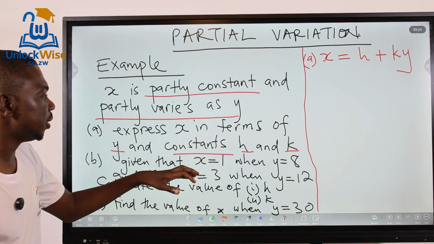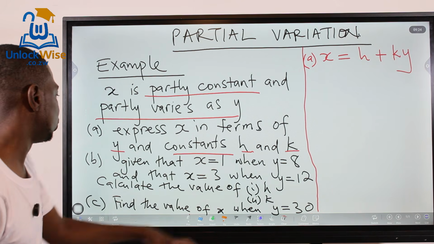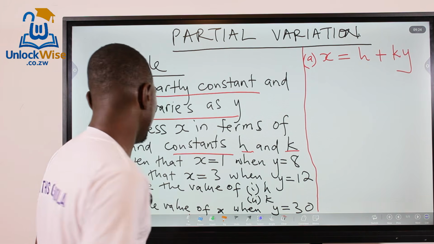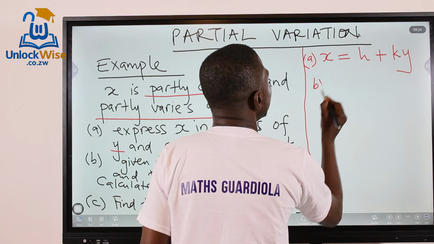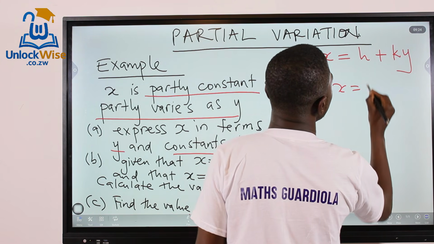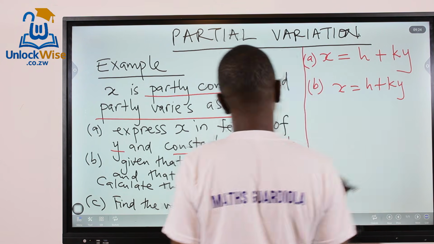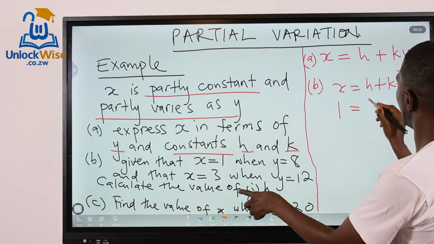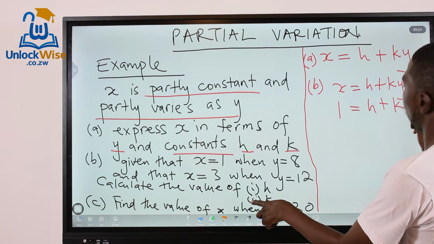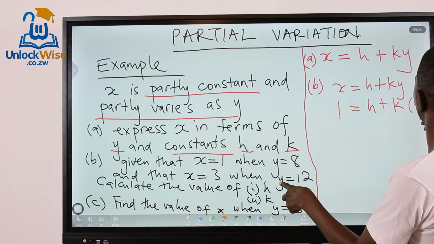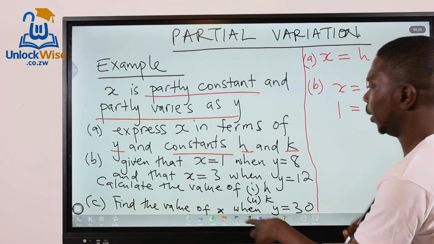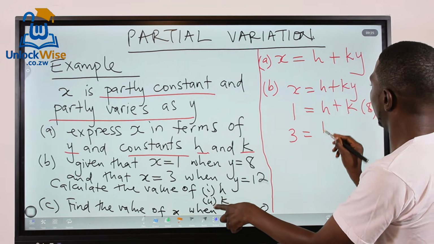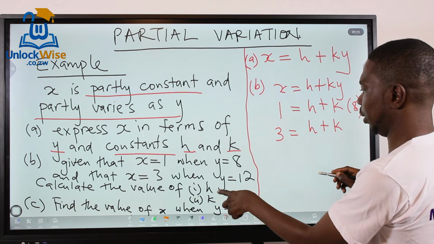Given that x is equal to 1 when y is equal to 8, and x is equal to 3 when y is equal to 12, we want to do this. x equals h plus ky, and we are told that when x is 1, y is equal to 8, and when x is equal to 3, y is equal to 12.